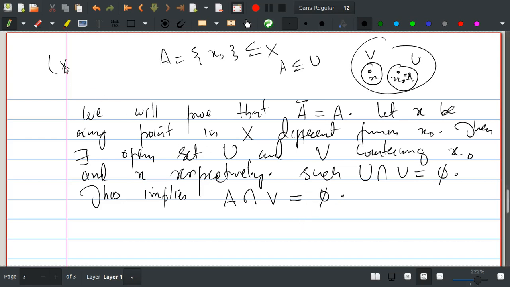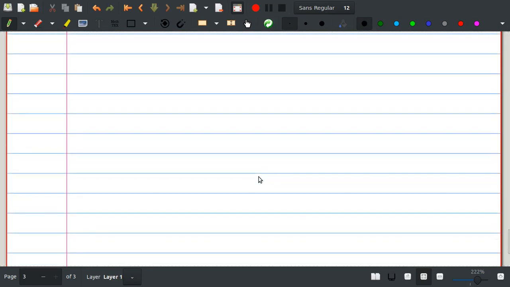So note that a point x in X will be a limit point of A if any open set V which contains this x has a non-empty intersection with A. I mean, let us write this here.